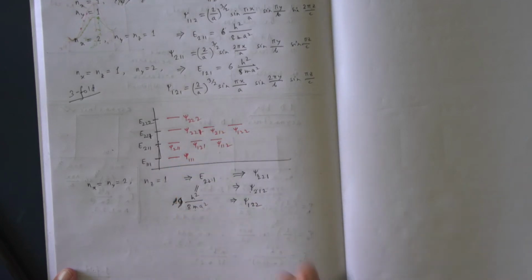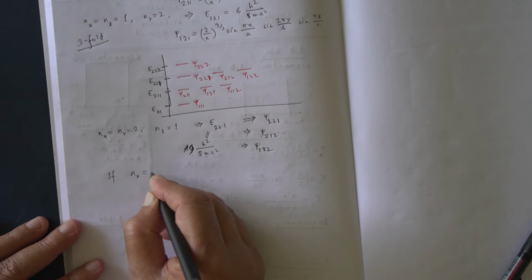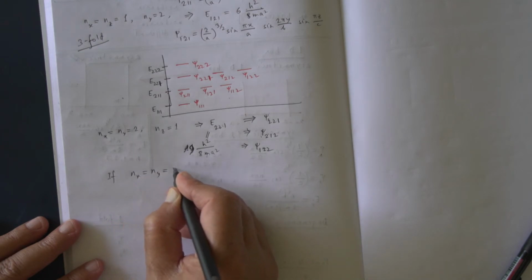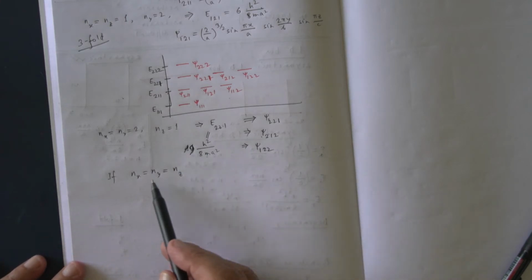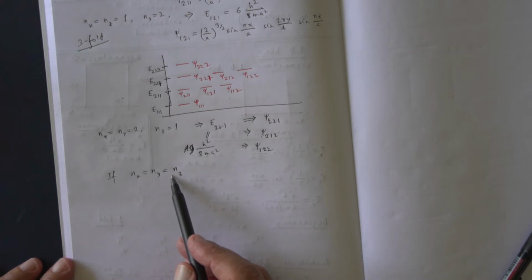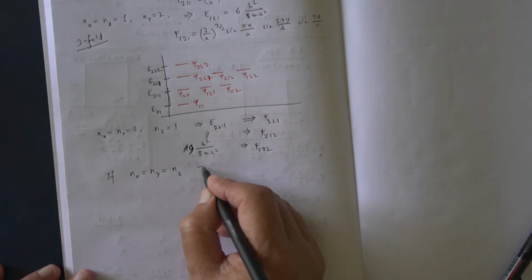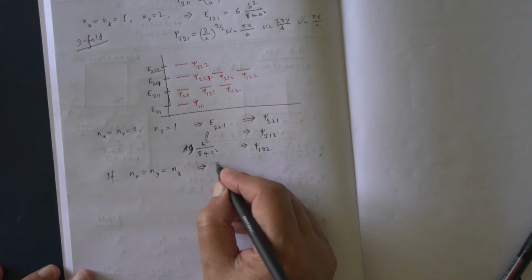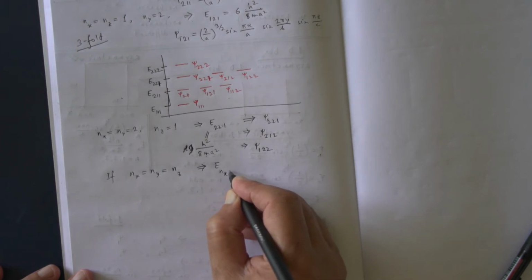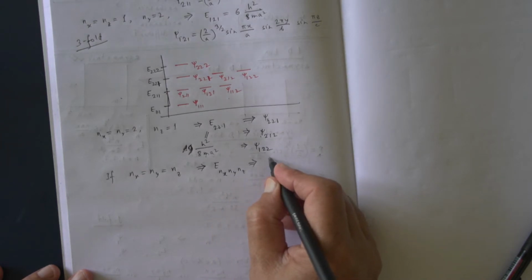one fold degenerate. So in general we can say that if nx equal to ny equal to nz, in case of a 3D box, that is a cubic box, if we have a condition like this, then that particular energy level E nx ny nz will be one fold degenerate.